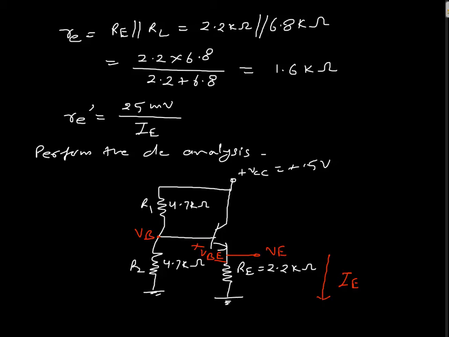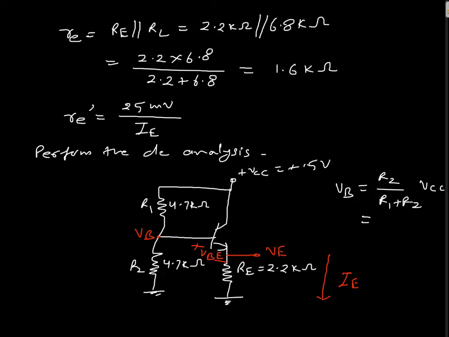What is VB? R1 and R2 both are equal, so VB will be half of the VCC. Or if you want to use the formula, we can use R2 divided by R1 plus R2 into VCC.